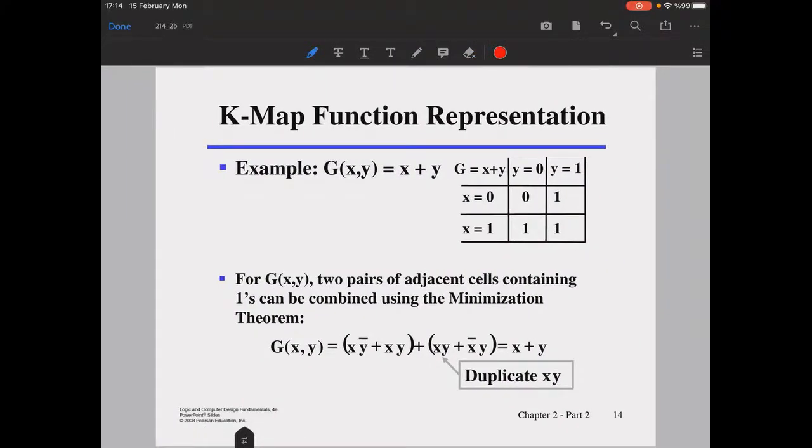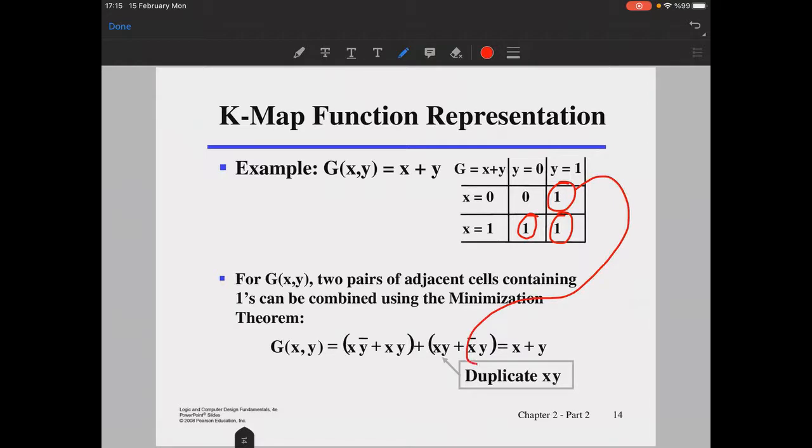Let's take a look at another example here. Maybe you go for size 1 first, and you will end up with 0, 1, and 1, 0, and this one is this one. This is redundant, no need for this. So these are size 1 rectangles.